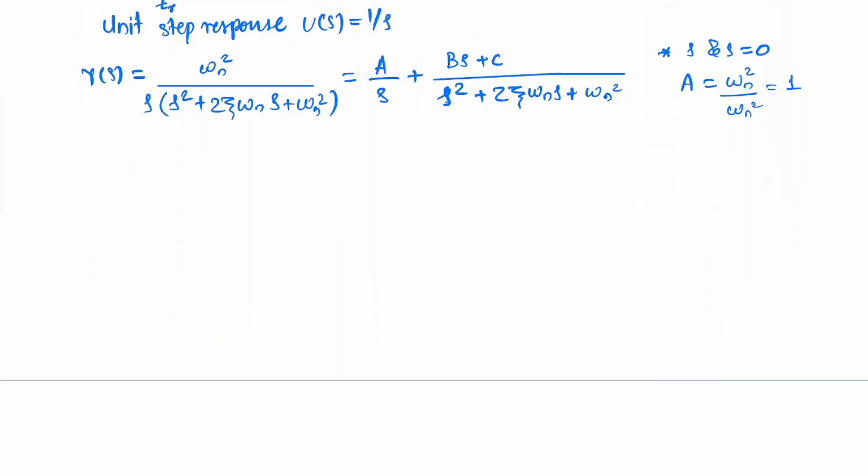Now let us substitute S equals positive 1 here on both sides. So here we will be left with omega n square over S square plus 2 zeta omega n. Sorry, so we are substituting S equals 1. So we will be left with 1 plus 2 zeta omega n plus omega n square is equal to 1 plus B plus C over the same denominator.